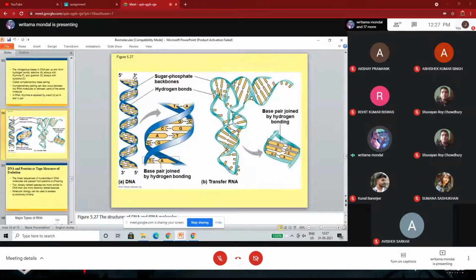So see, this is the DNA structure, 5' to 3', another 3' to 5', but DNA synthesis occurs only in the 5' to 3' direction.